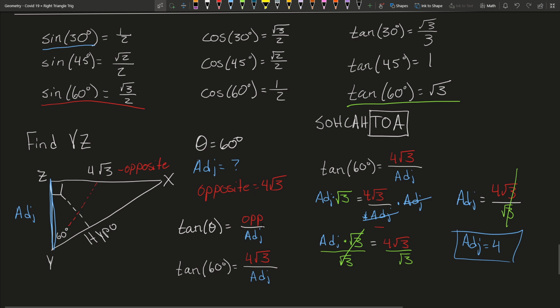So tangent of 30, it's all the same, except instead you're using this value up here. It's all just substitution. I'm giving you those values.